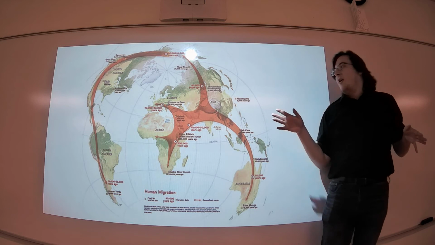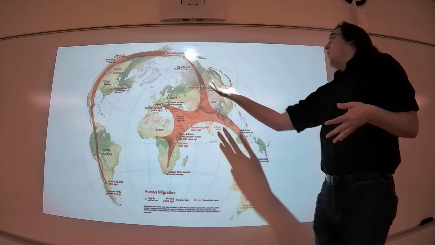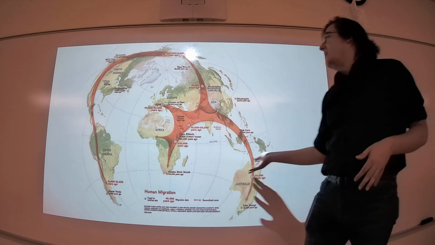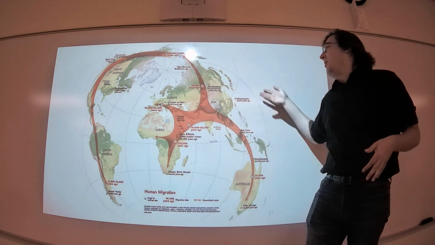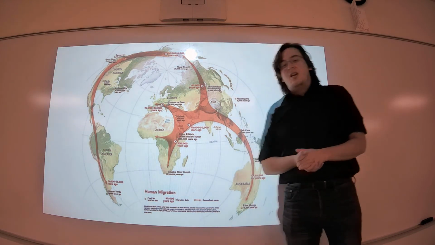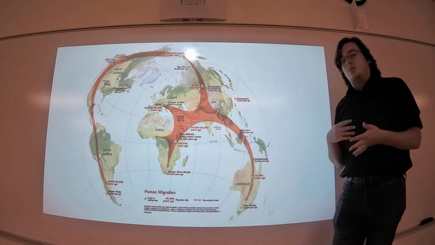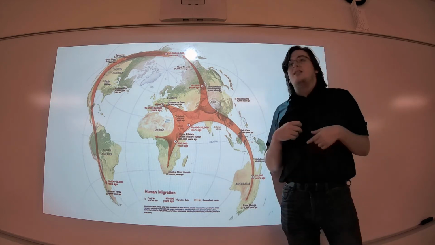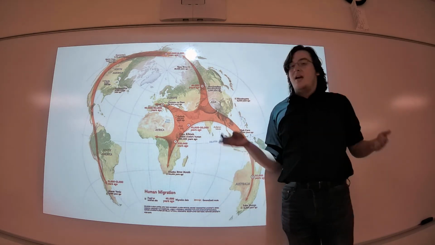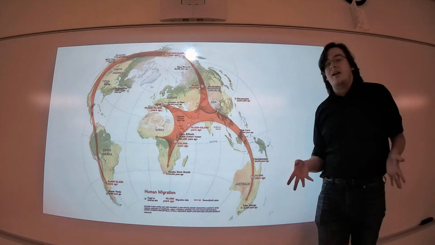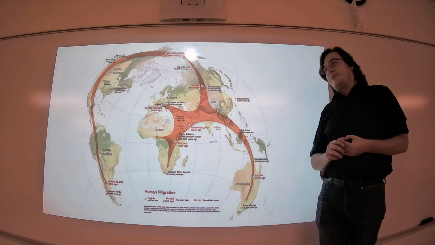But for the most part, we really don't have a specific idea of what was going on for these first couple hundred thousands of years up until we get to civilization. And when we get to civilization, then the historical record is a lot more fleshed out, and we have a much better understanding of what was going on.